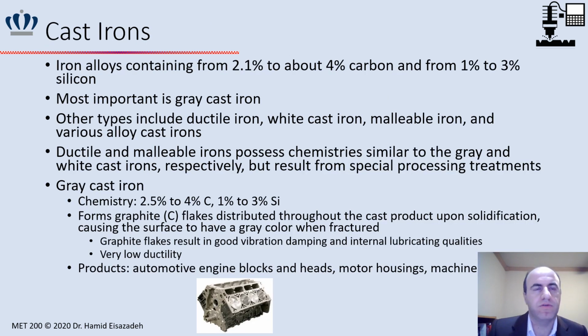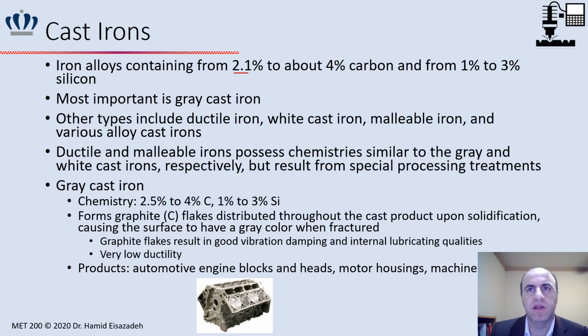The next class of ferrous alloys is cast iron. Cast iron has carbon of more than 2.1 weight%, but normally up to 4% is the range that we use in the industry.